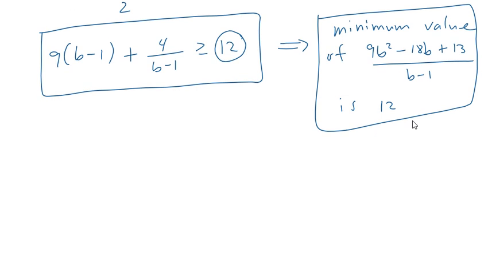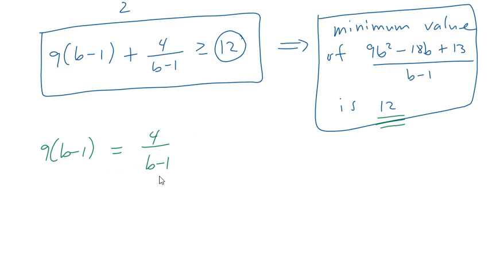So to get the value of b for which 12 is attainable, we have to equate 9 times (b minus 1) to 4 over b minus 1. I'm doing this because I want to check whether 12 is really attainable. And for many problems of this type, you have to do this.